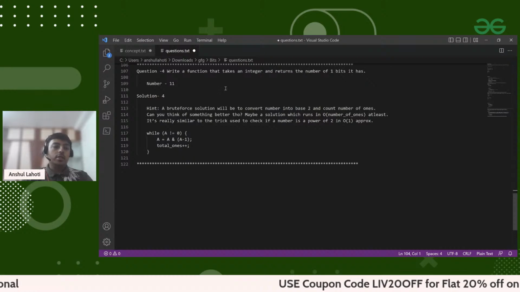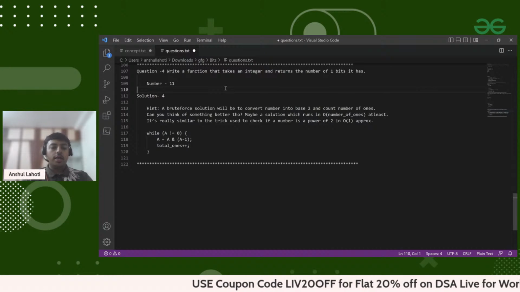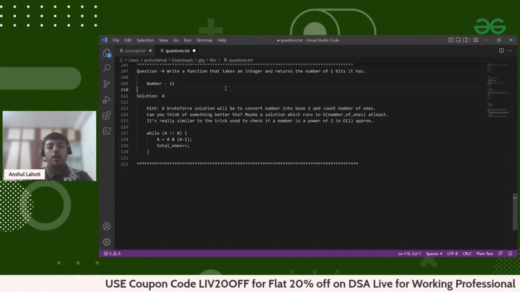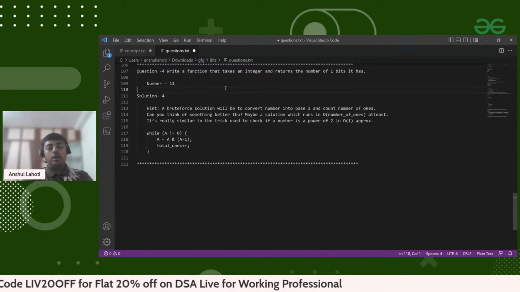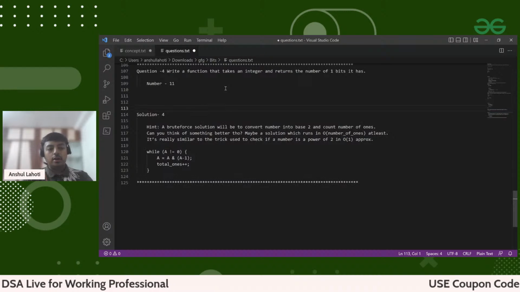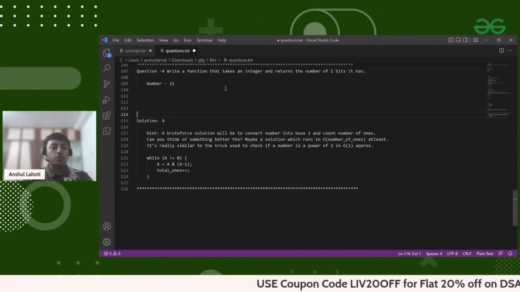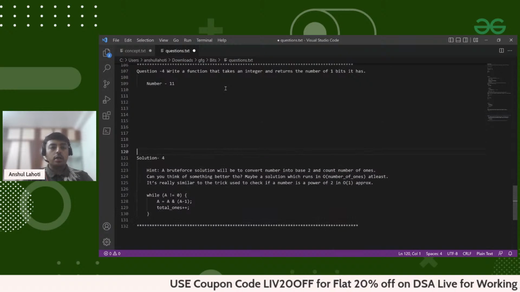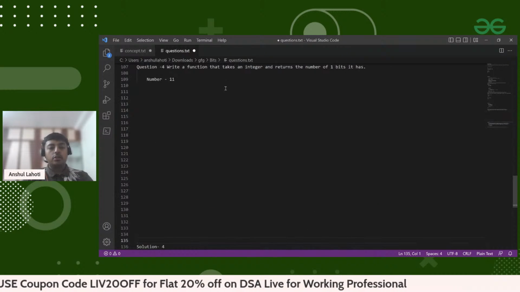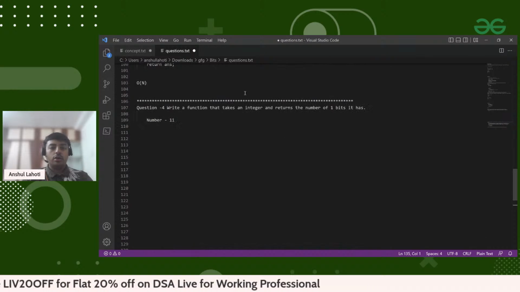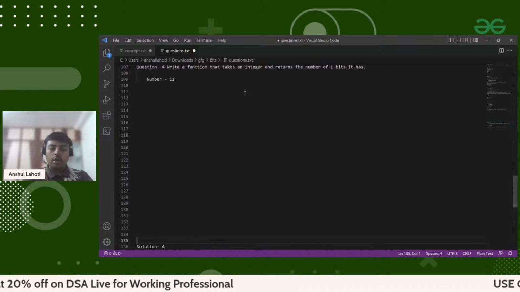In this, you will have a great understanding of the tricks I have shown you, and what the need of the logical and bitwise operators is. So don't look into the hint and solution, just look into the question and think about the solution.